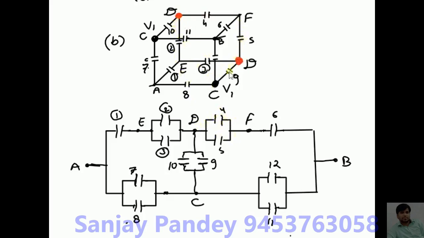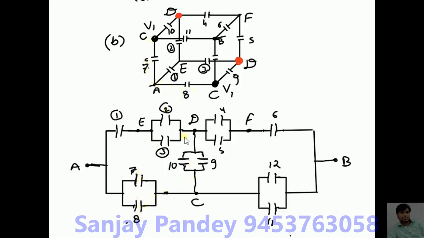Now between F and B there is one capacitor and it is 6. Between A and C, capacitor number 7 and 8 are connected.